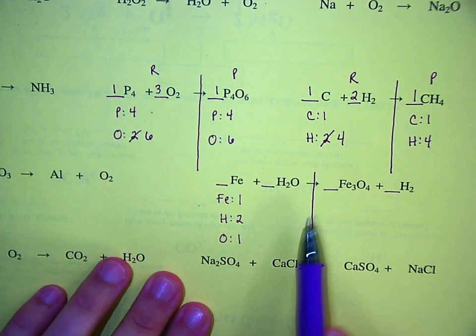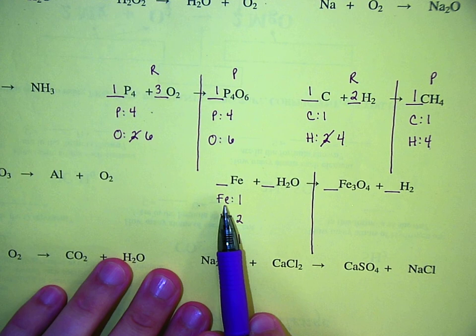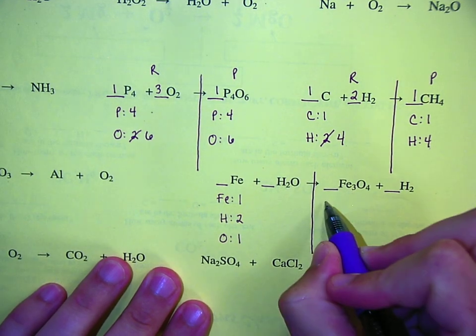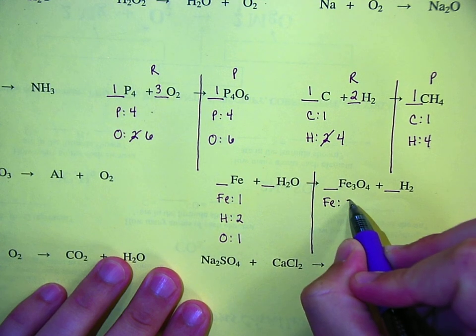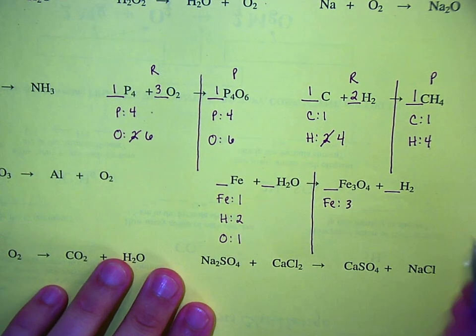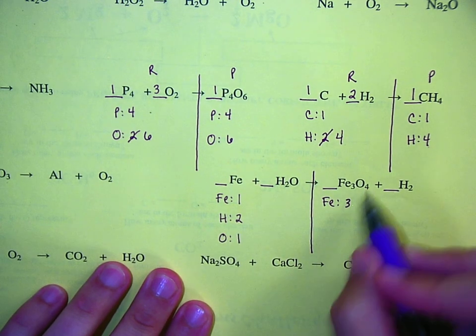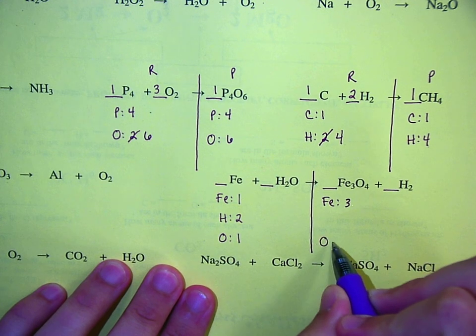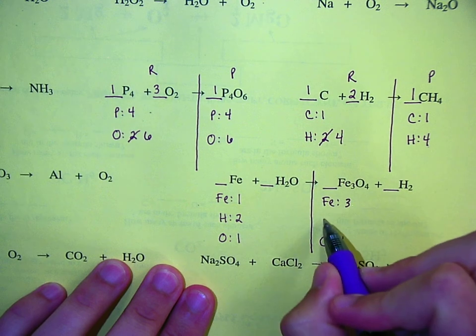Now, my suggestion when we do the right side is to try to keep them side by side. So if you look at iron here, that's the first one we'll do. There are 3 of them. Oxygen is the next one, but I don't want to put it next to hydrogen. I want to put oxygen next to its partner. So for oxygen, I'm going to write below, there's 4, and then hydrogen, there's 2.